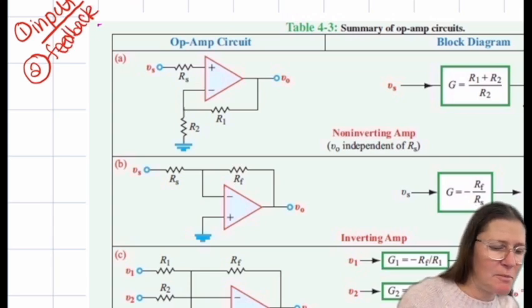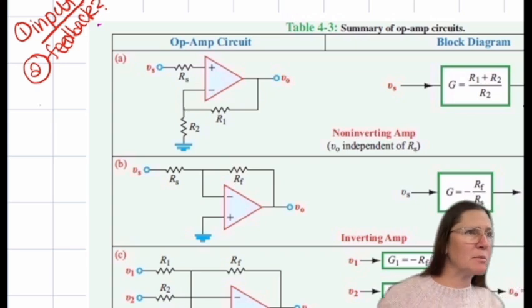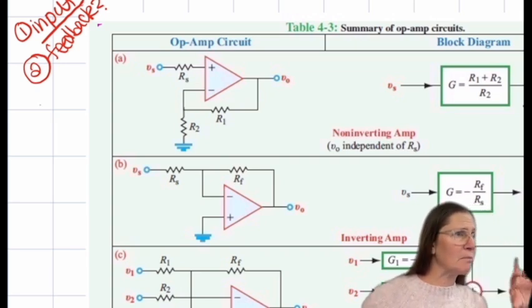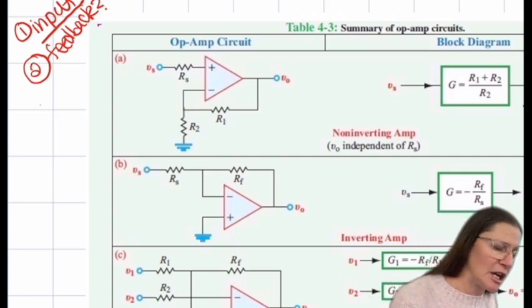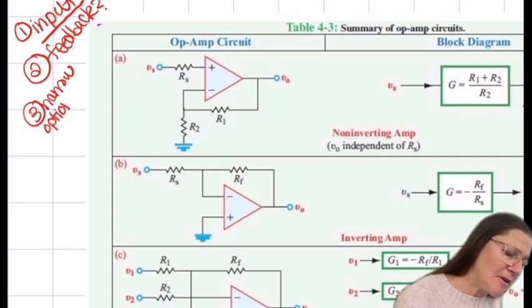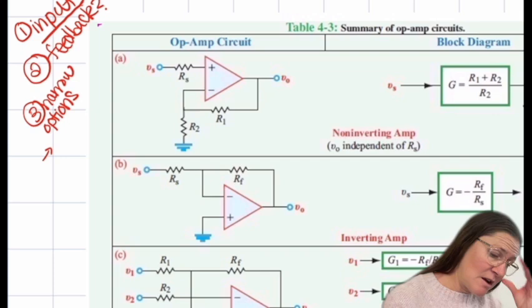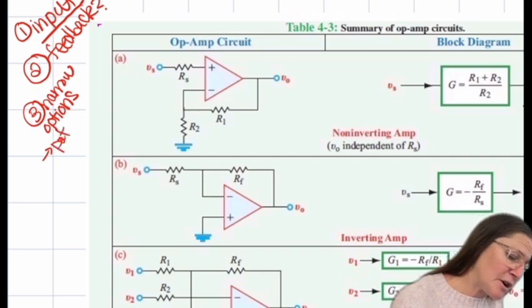The input or inputs make a difference on which configuration you're going to have. Third, you narrow the options, and that depends on the pathway from the input to the op-amp.